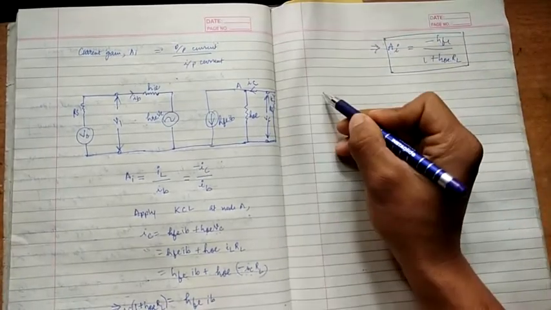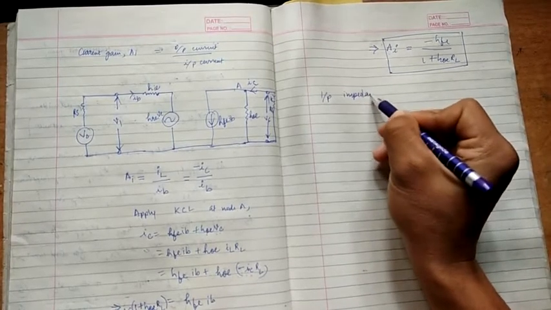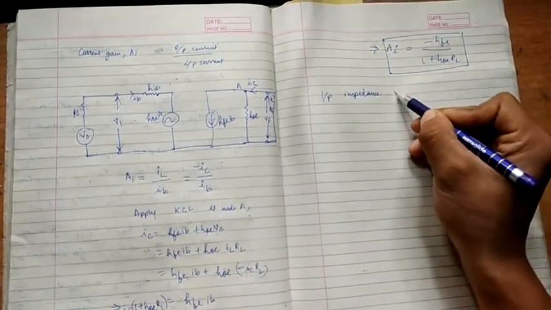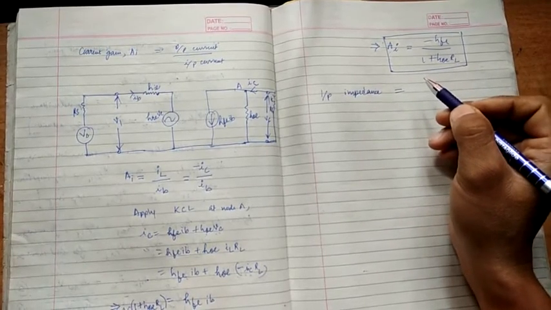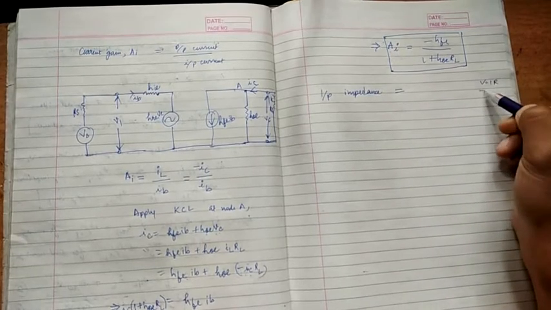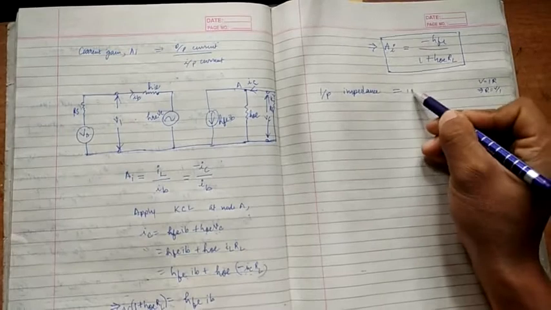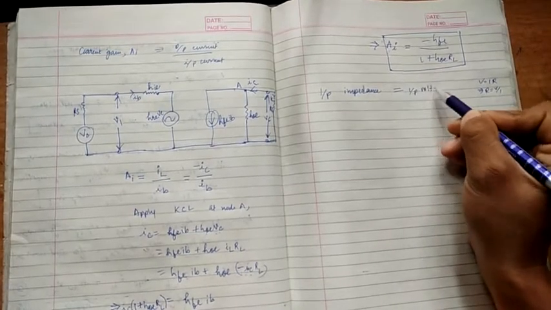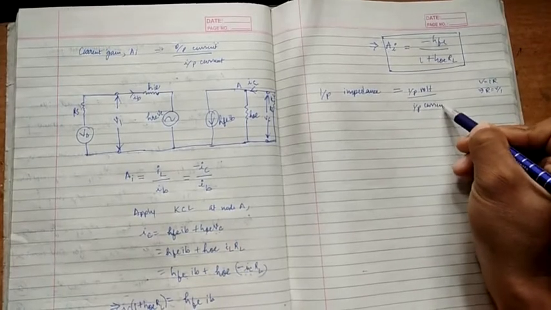Now come to input impedance. Input impedance: V equal to IR, therefore R equal to V by I, input voltage divided by input current.